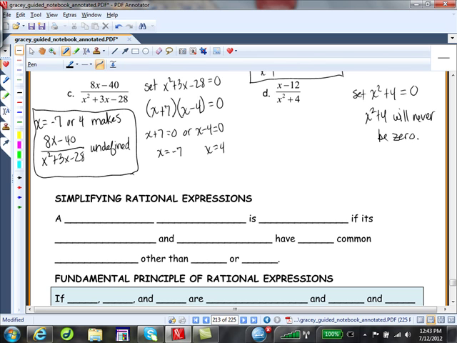So what does that mean? That means that there is no value of x which makes x minus 12 over x squared plus 4 undefined.